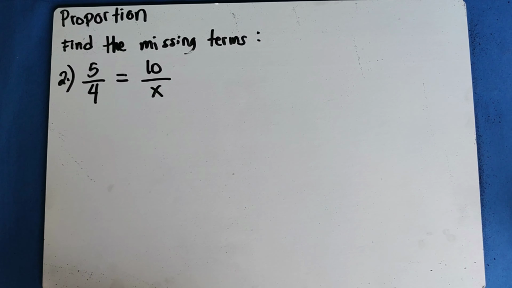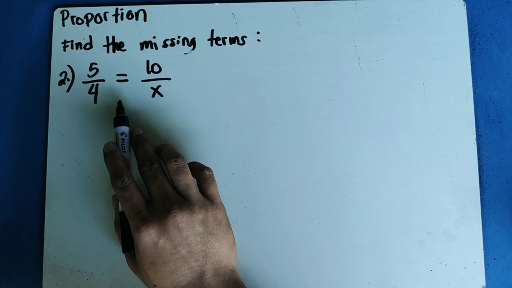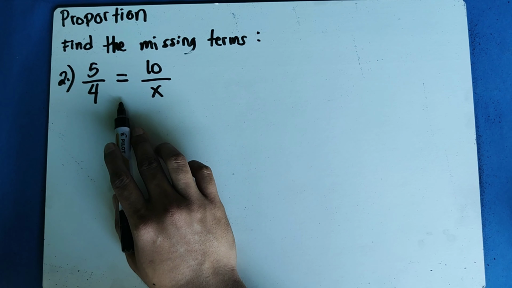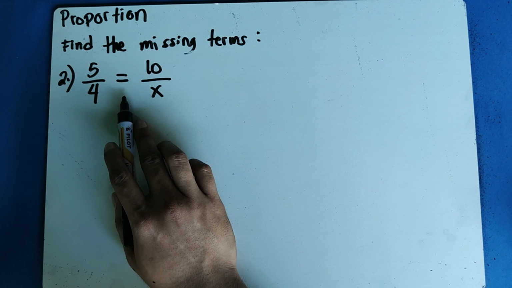We have here the second example. 5 over 4 is equal to 10 over x. In ratio and proportion, we can also have this form, so we can use cross multiplication.